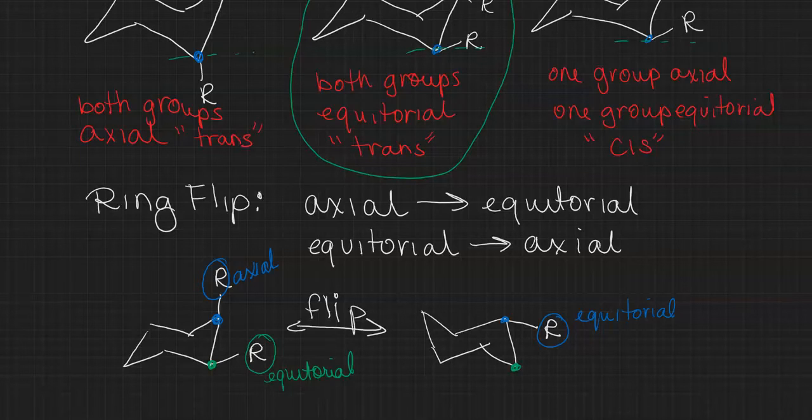But when we flip it, we want it to be axial. So again, when we flip a ring, axial becomes equatorial and equatorial becomes axial.